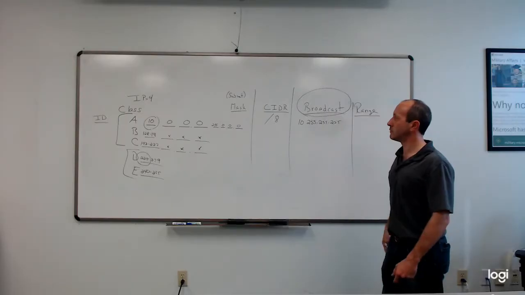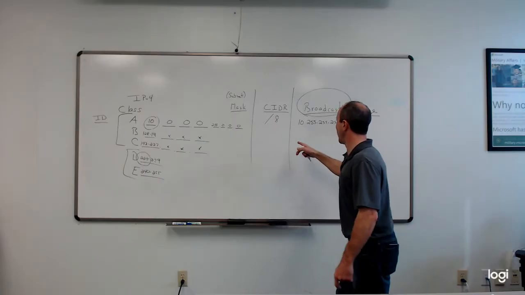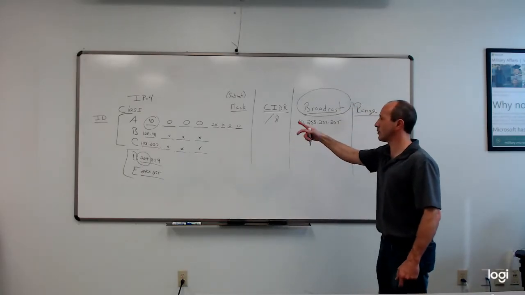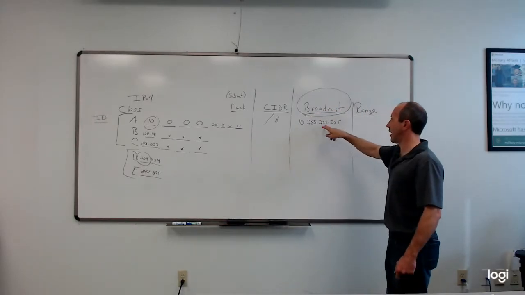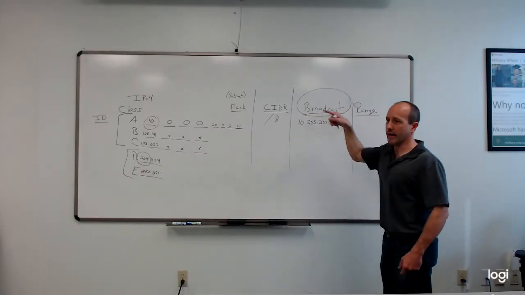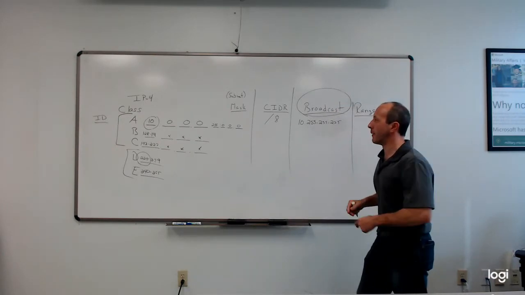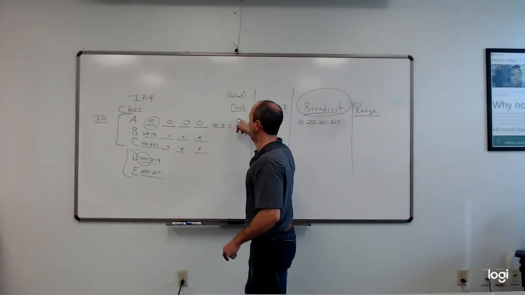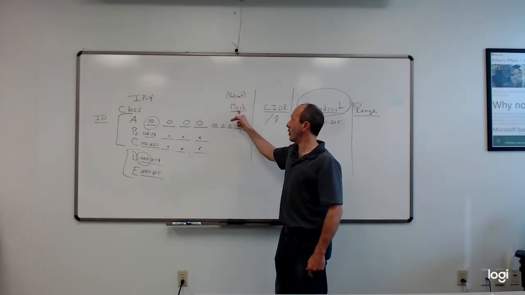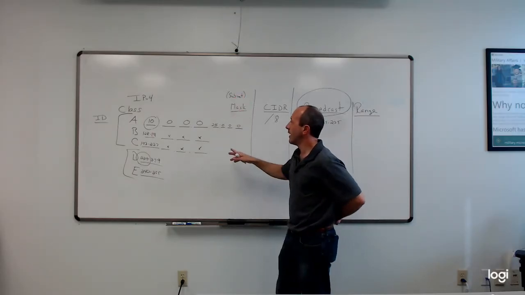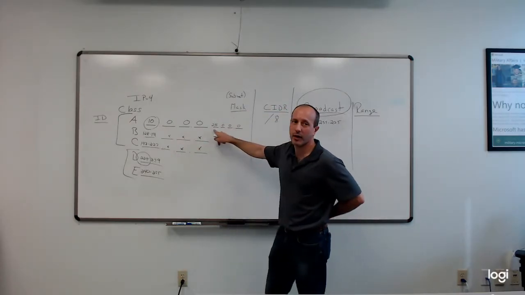Everything from 10.0.0.1 all the way to 10.255.255.254 is the range. Lots of addresses. Okay, so default values. The mask may be called a subnet mask, net mask, or mask. It's all the same thing. Default for Class A, 255.0.0.0.